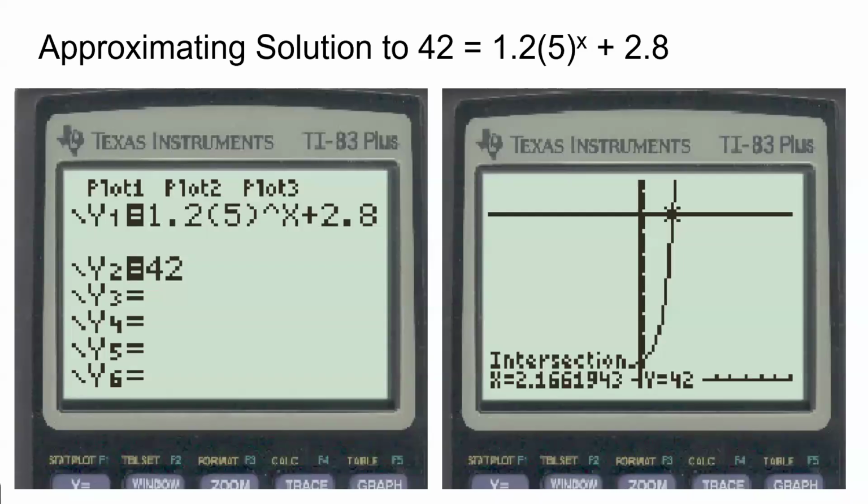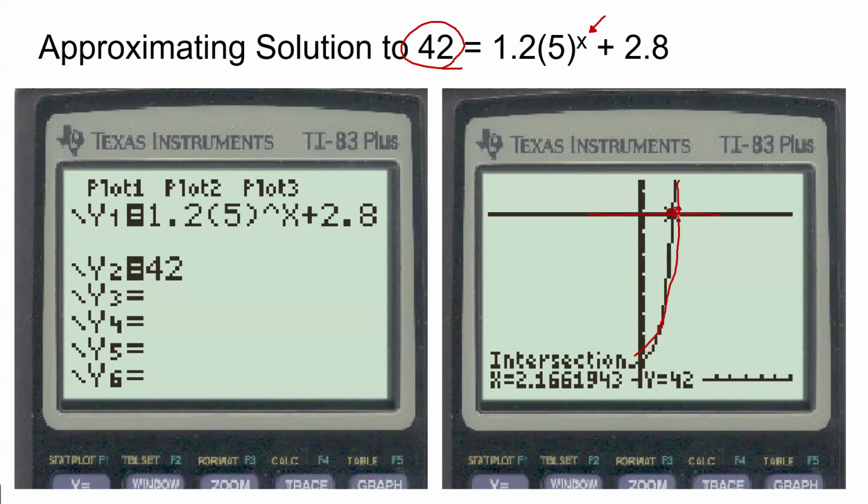Remember last time we had one of these exponential equations, and we were trying to solve for x right there. So exponentials have a variable exponent. And we said we could kind of sort of make do here and on the calculator find a solution by plotting the exponential graph, plotting the solution 42 here.